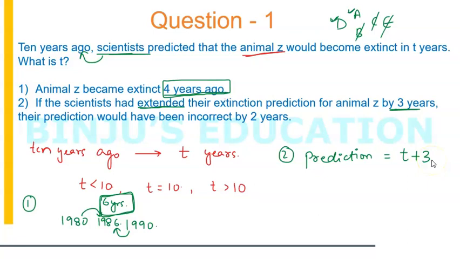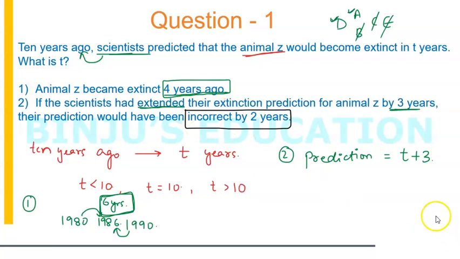Now, first of all, we do not know the value of T. So in how many years this animal Z would become extinct, according to the prediction of scientists, we still do not know that, because we do not know the value of T. Moving on, it also says that their prediction would have been incorrect by 2 years. That's a very good statement. Now this has two interpretations.